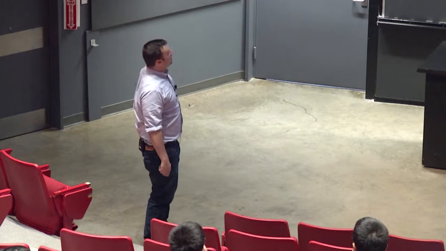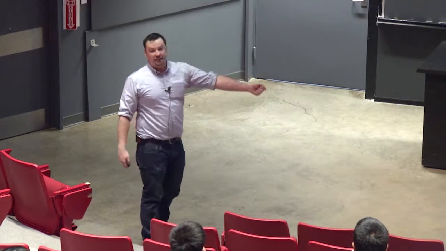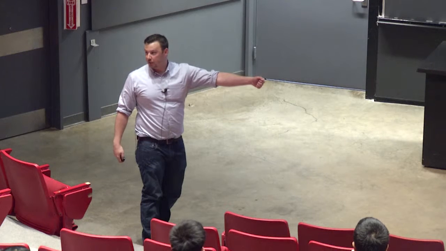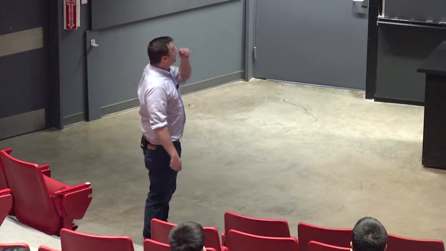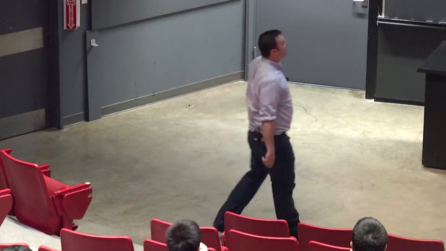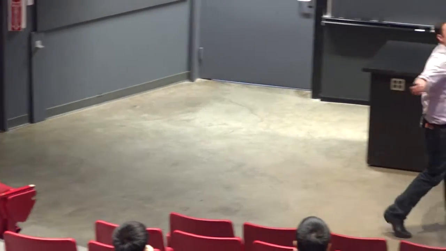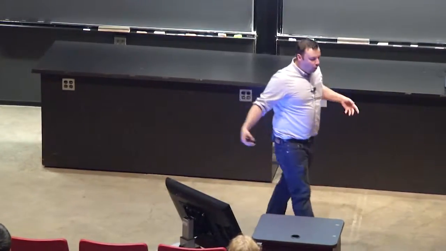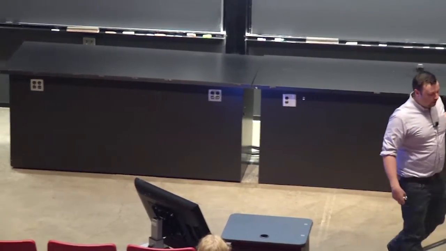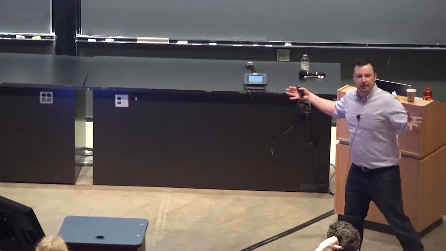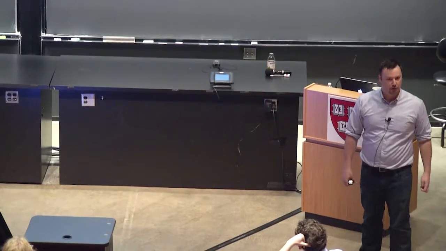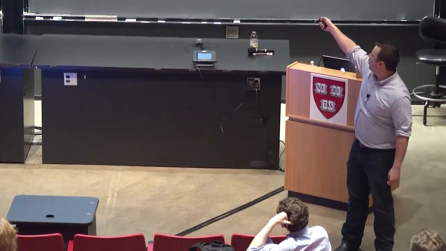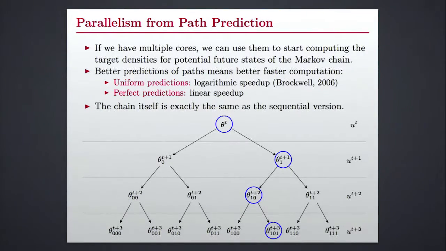You agree? Okay, so then all that's happening is when we see the data and we consume a little bit more randomness based on the threshold, we're deciding which path to take down the tree. Okay? So we can now think about, if I knew in advance somehow, in some magical way, which path I was going to take, and I had a computer with 32 cores, or a cluster with 1,000 cores, then what I could do is go off and start computing those very expensive targets in advance, right?